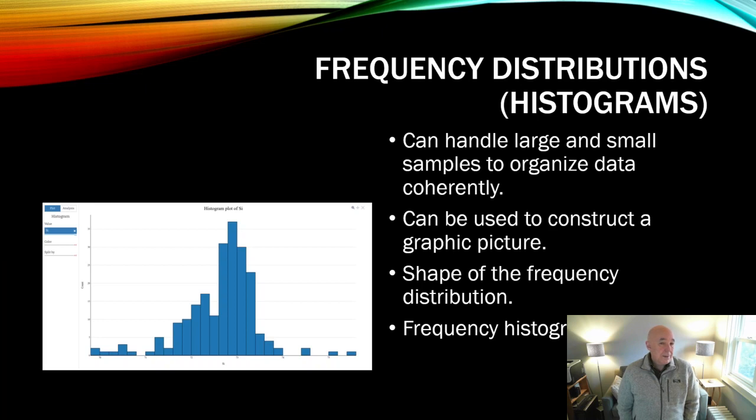But one of the nice things is that you can actually generate a histogram online, and I've used an online program here, but SPSS will do that for you consistently. And all a histogram does is say, okay, how many times does this particular data value or this range of data values occur in the data set? That's all it does. And it creates a picture of the data.